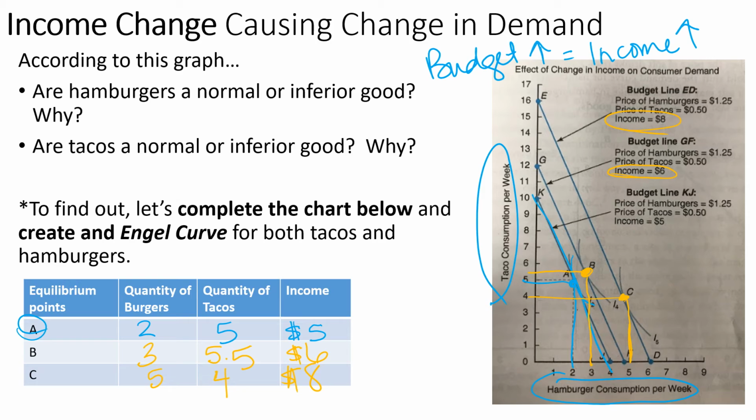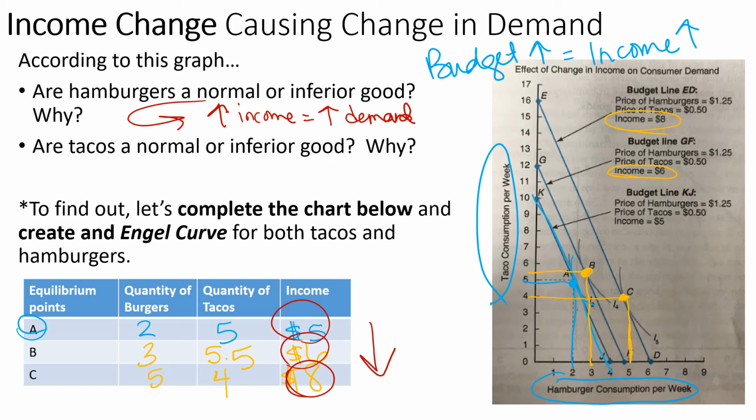So again, a normal good means that an increase in income results in an increase in demand. So our income is increasing here. We're going from $5 to $6 to $8. Are hamburgers a normal good? Did the demand go up?